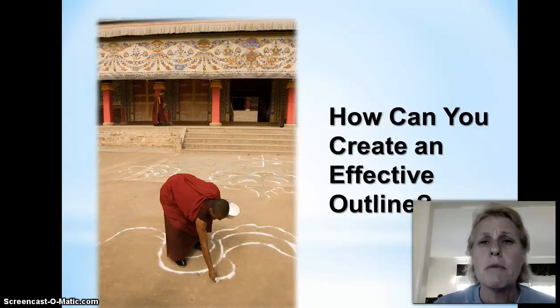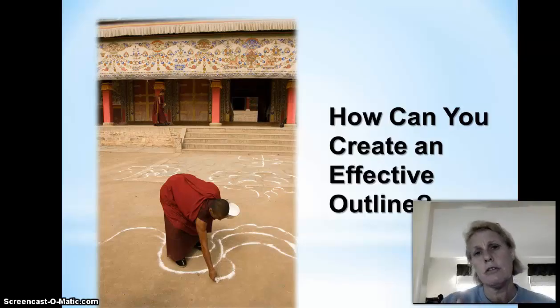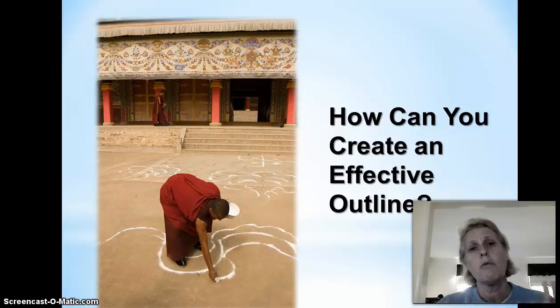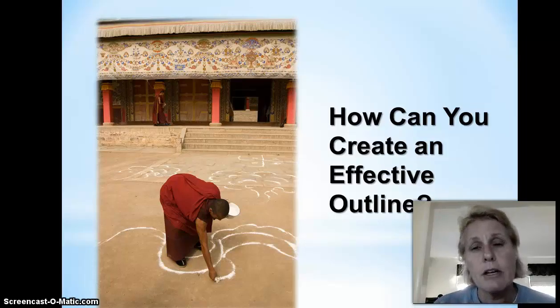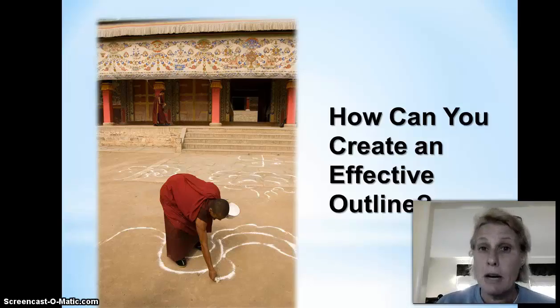Now I want you to remember, an outline is the foundation of your talk. We want to speak in an extemporaneous manner. Extemporaneous means you're speaking off of key points.